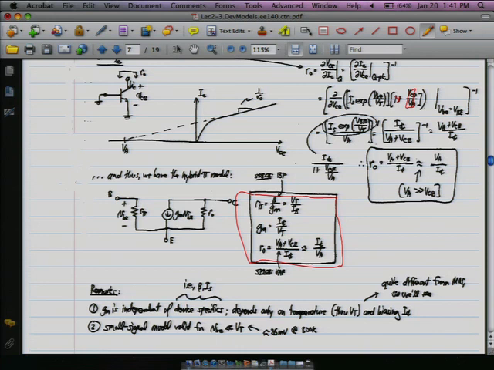Certainly the collector current does come somewhat from the device model, but it's also something that you usually specify as a designer, which is why we say that it's kind of independent of the specifics of the device.